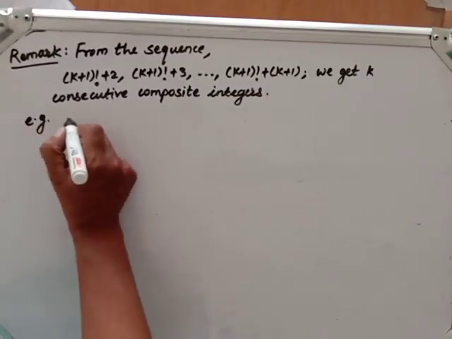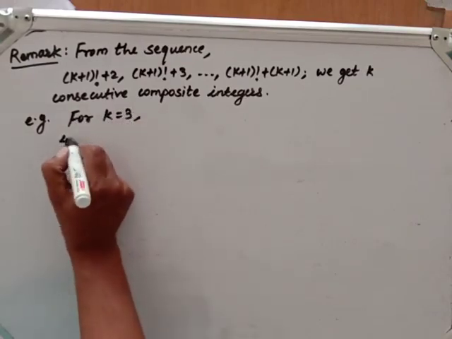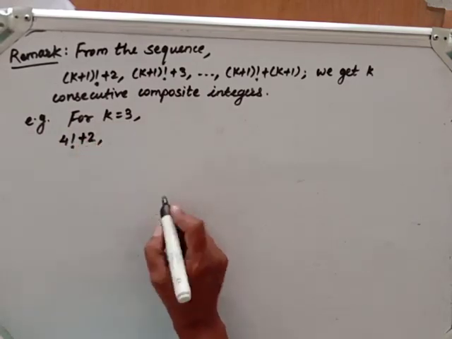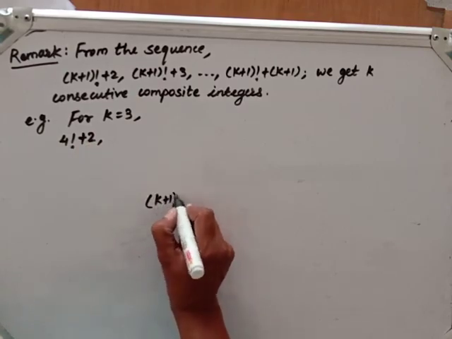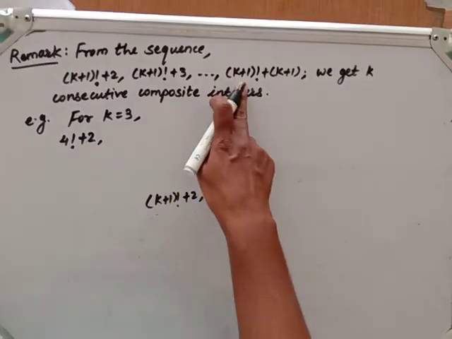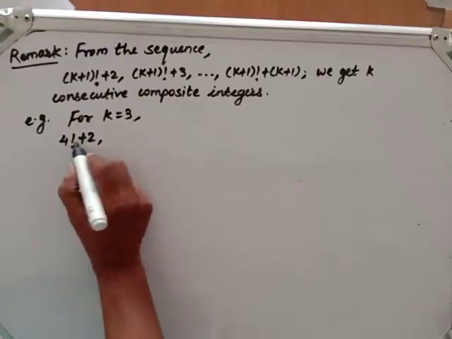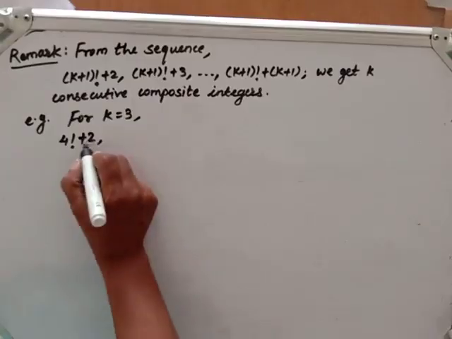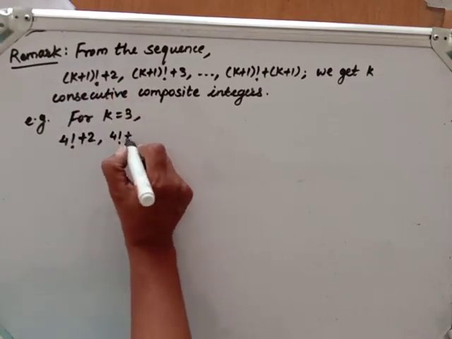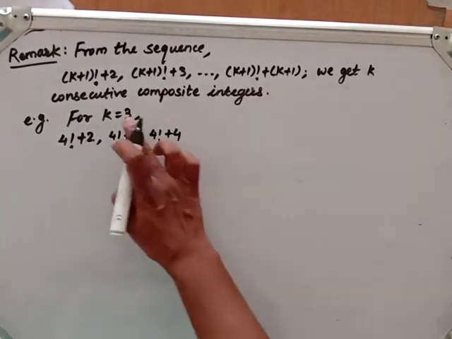Now let me take an example on this. For k equal to 3, we have 4 factorial plus 2, 4 factorial plus 3 and 4 factorial plus 4, as k plus 1 becomes 4 here.